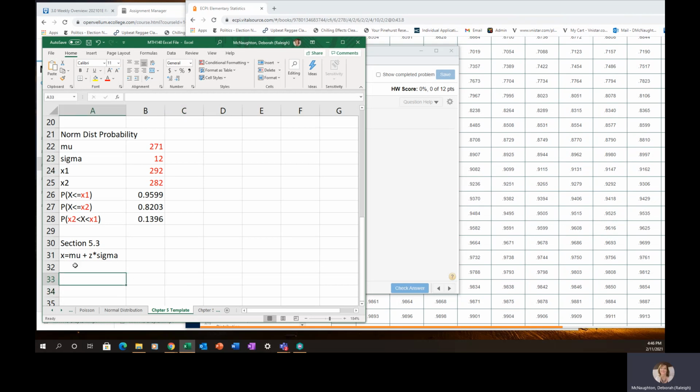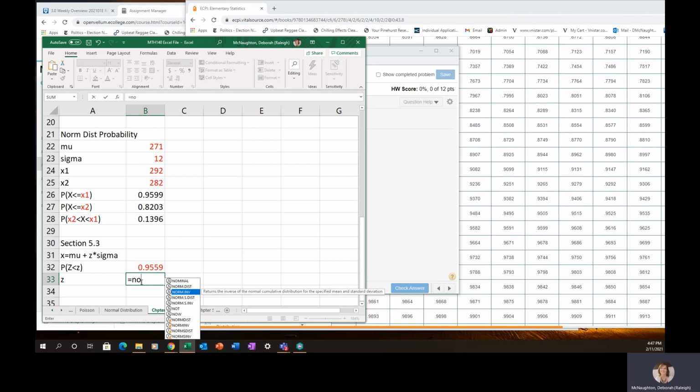Okay, so they gave us a probability: the probability that Z is less than some value is 0.9559. This is what they gave us, and they want us to find the corresponding Z-score. To find Z, we go equals norm.inv.